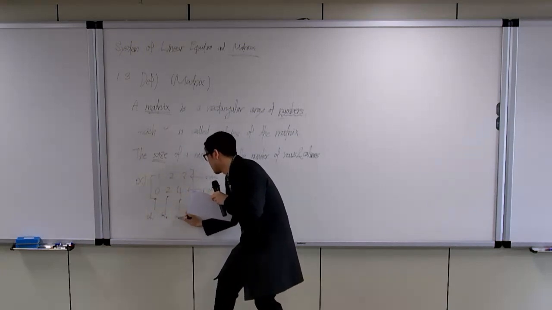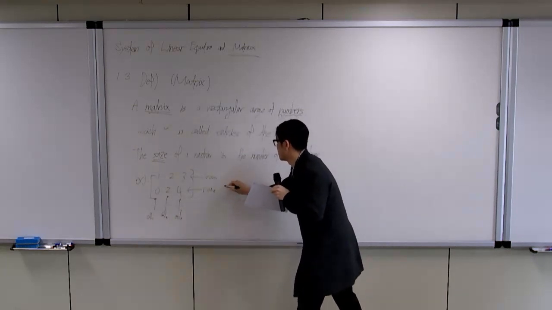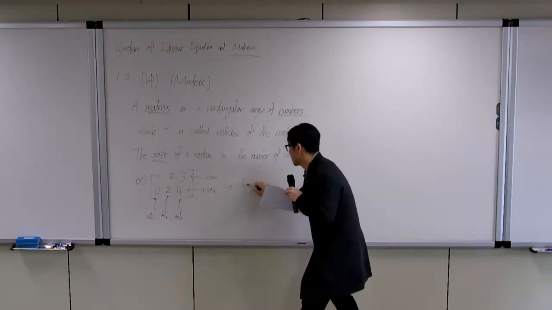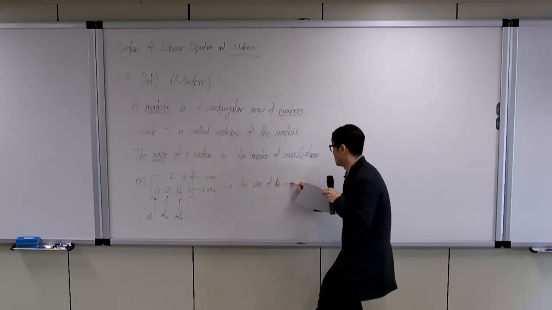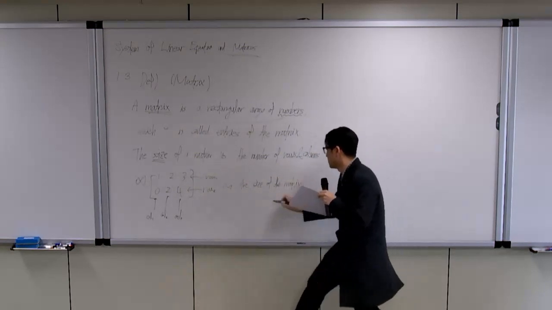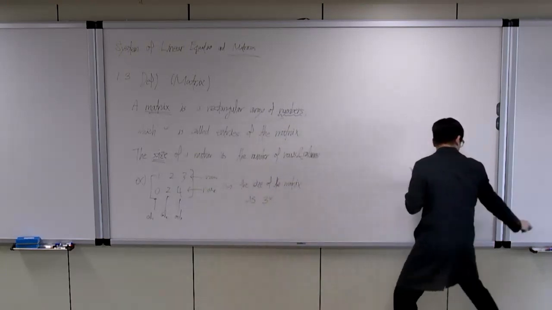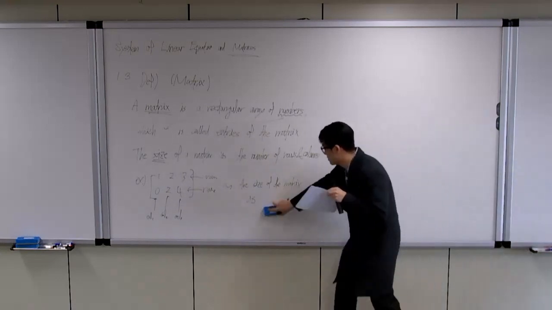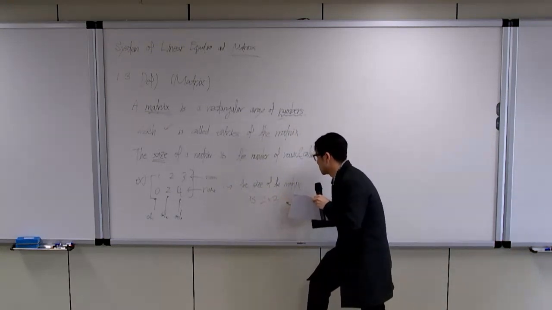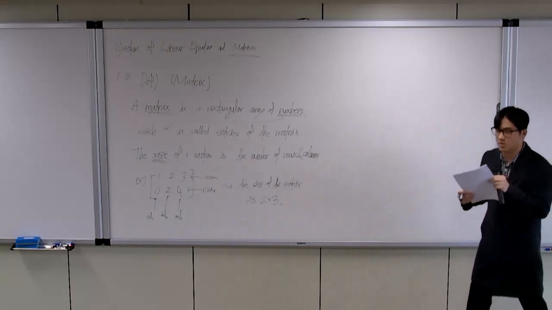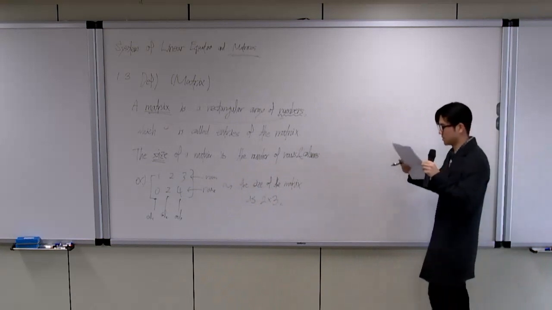So the size of the matrix is 2 times 3. We usually say a 2 times 3 matrix or a 2 by 3 matrix.